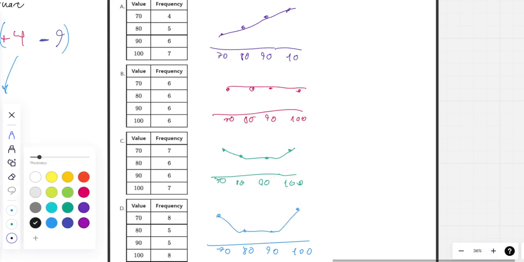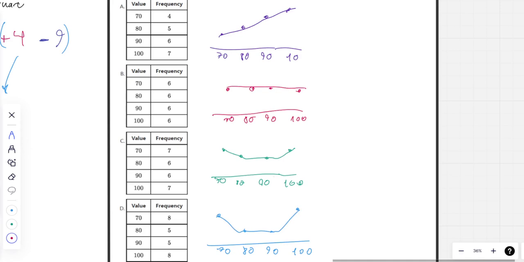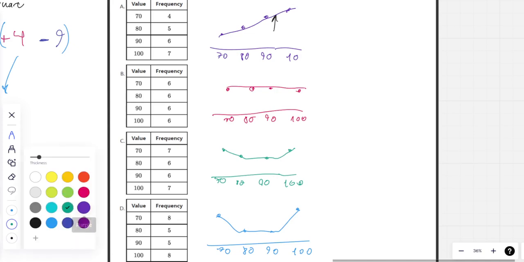Just visually, you can kind of see the mean is going to be highest in case A. The mean is going to be skewed to the right side. There are very few values that are really low, and a lot of values that are very high.